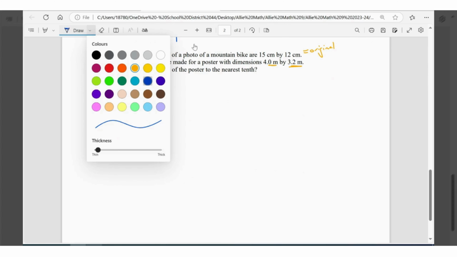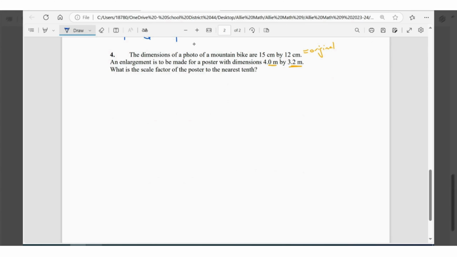So step 1, make sure the unit is the same. We've got meters, we've got centimeters, we need to deal with that. So recall there's 100 centimeters equals 1 meter. So these lengths right here, the original, we're going to need to divide each of these by 100.